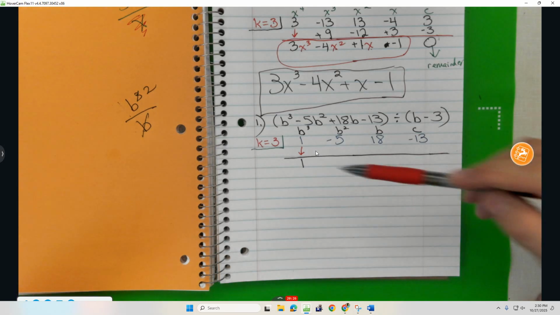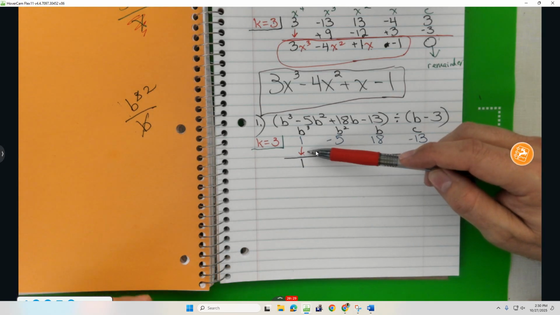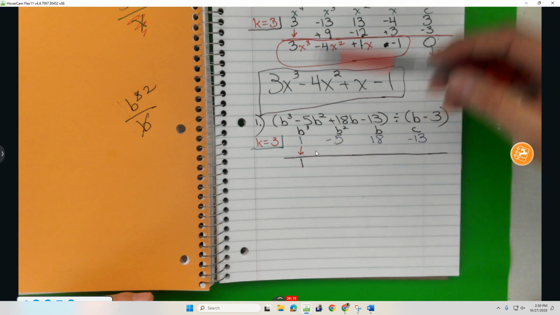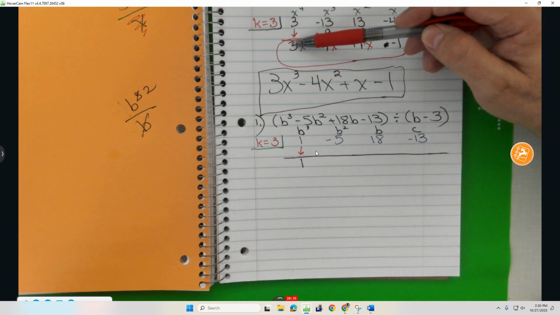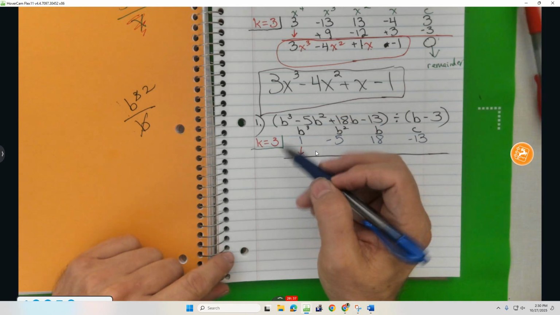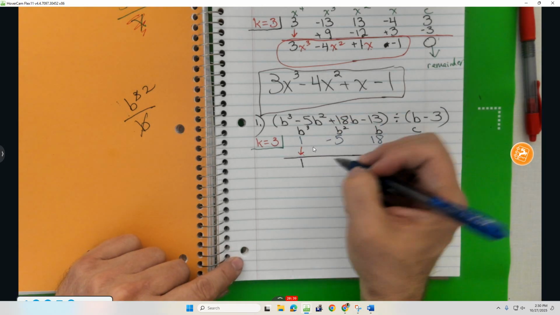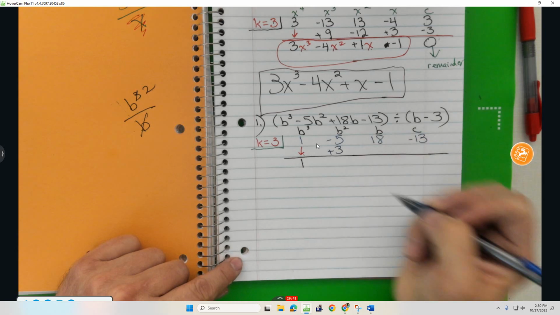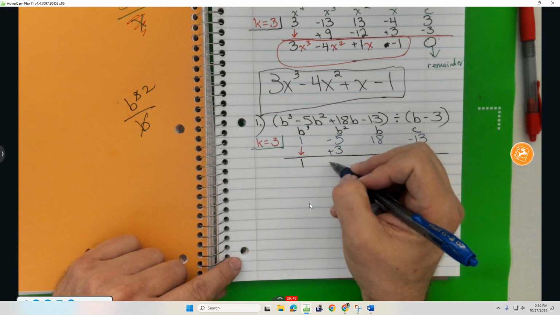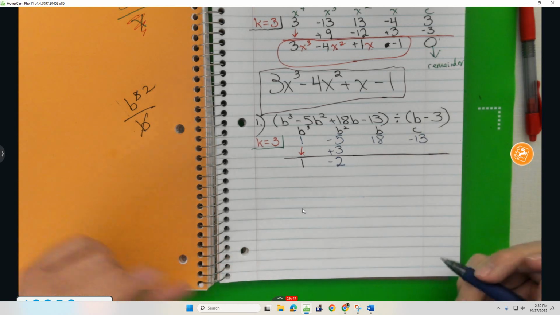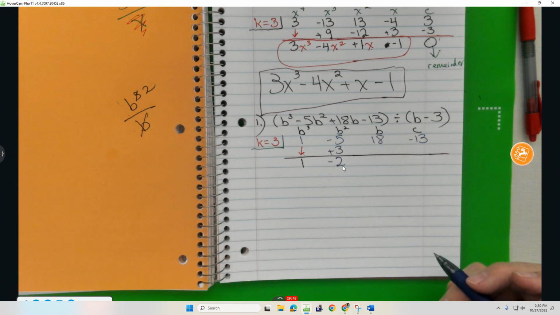And that's what this arrow is. Trying to show you carry that down. Carry down the first number. 3 times 1 is a positive 3. Negative 5 plus 3 gives me a negative 2. What do I do next?